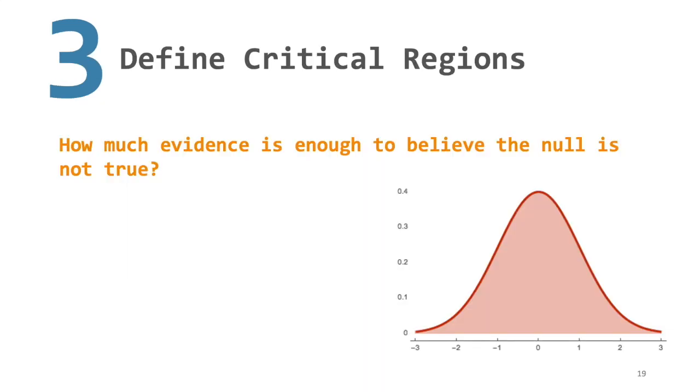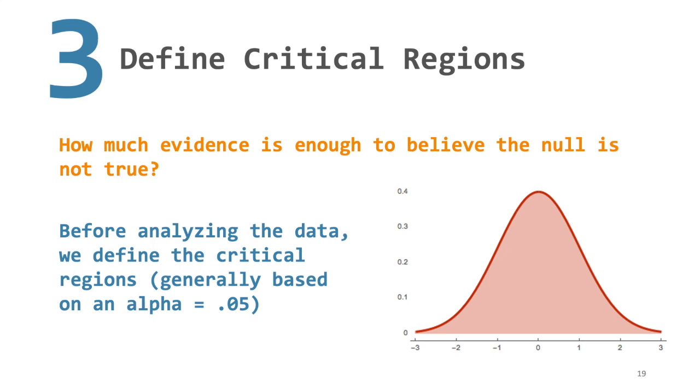When it comes to step 3, defining critical regions, we're trying to answer the question, how much evidence is enough to believe that the null is not true? In other words, before analyzing the data, we need to say, this is our line. There's critical regions.